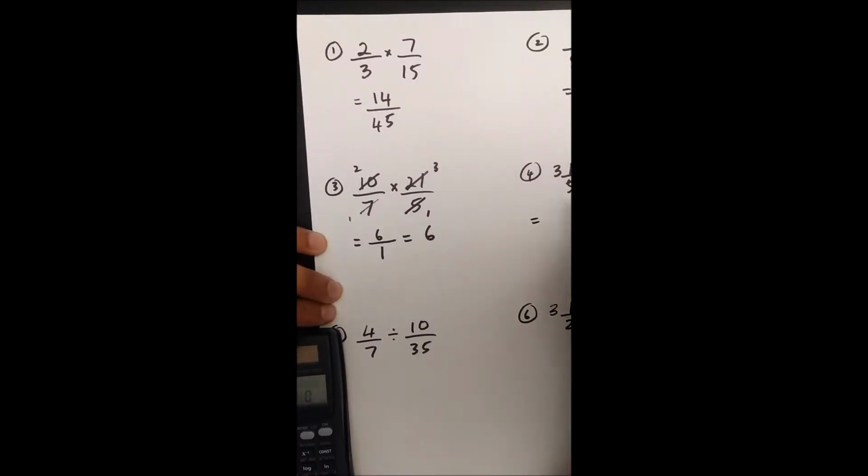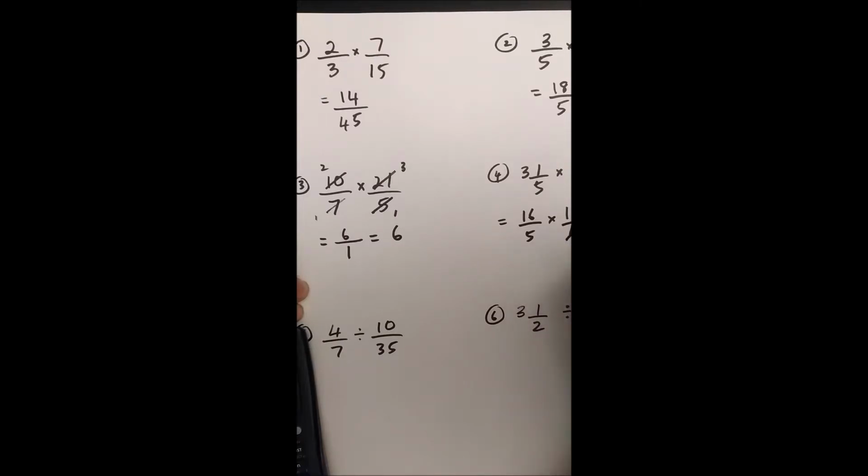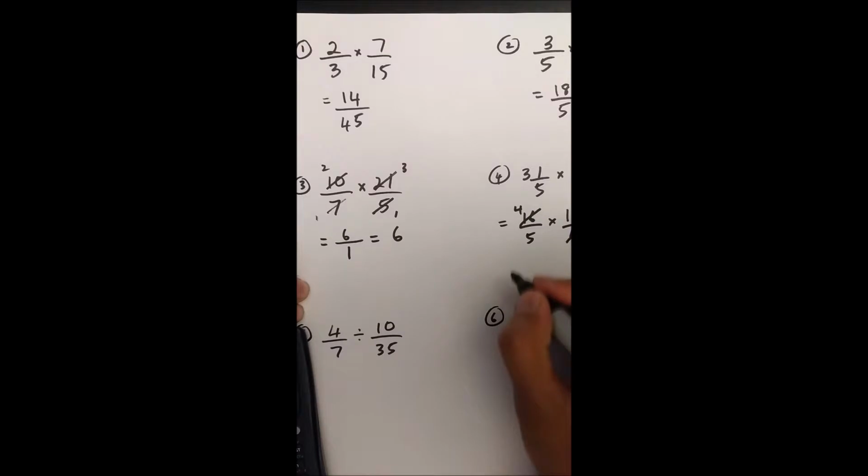With mixed fractions, I'm going to convert them to common fractions first. So that's 16 over 5 times 19 over 4. I know I can cancel off that 4, give me a 1, that's 4 over there.